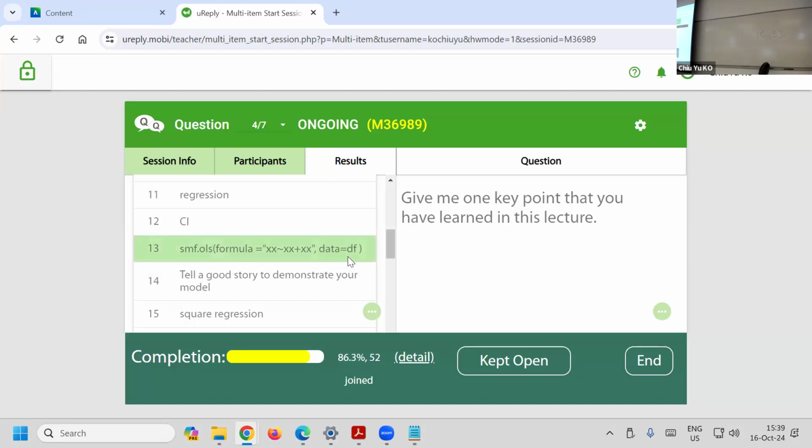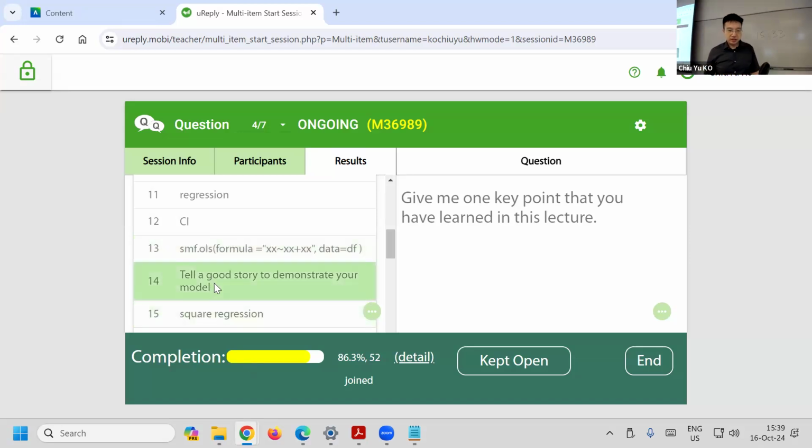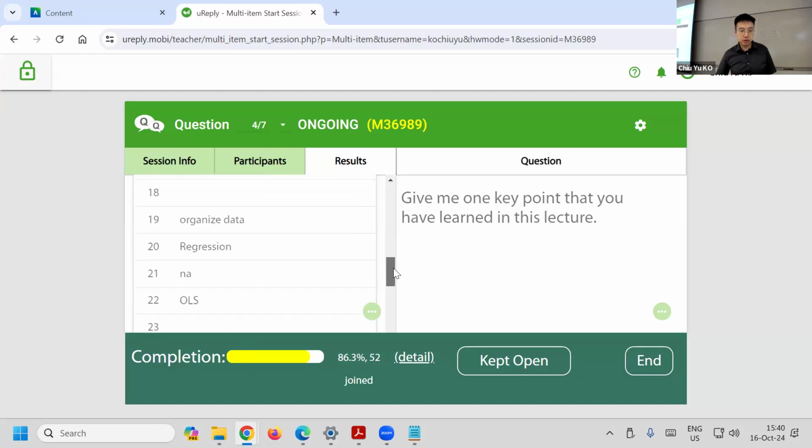This is the formula. That's very important. As a business person, telling a good story is very important, especially if you run a particular type of regression and you show a different shape, and you need a good story. Otherwise, why would I believe there's some highly nonlinear relation? Squared in the regression, yes, this is what we do.